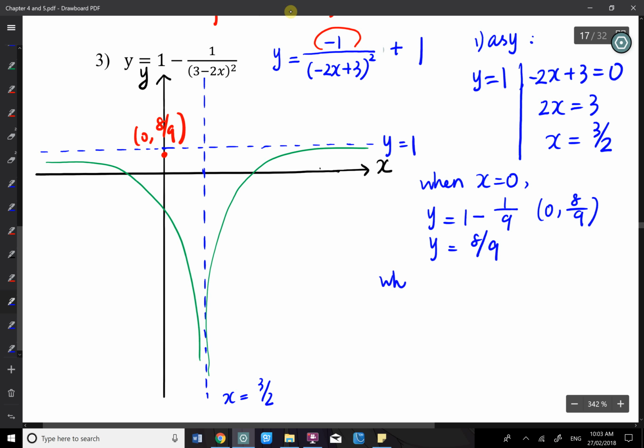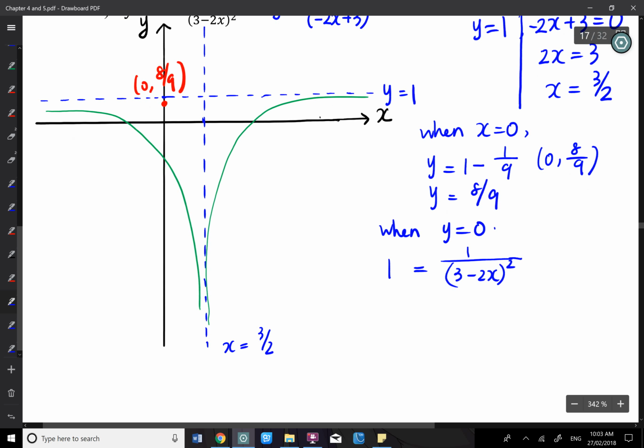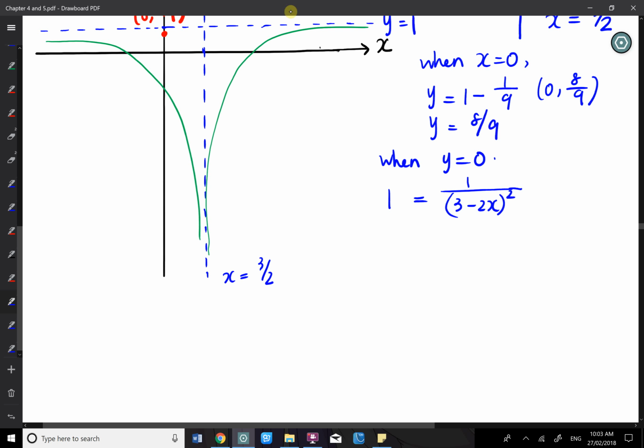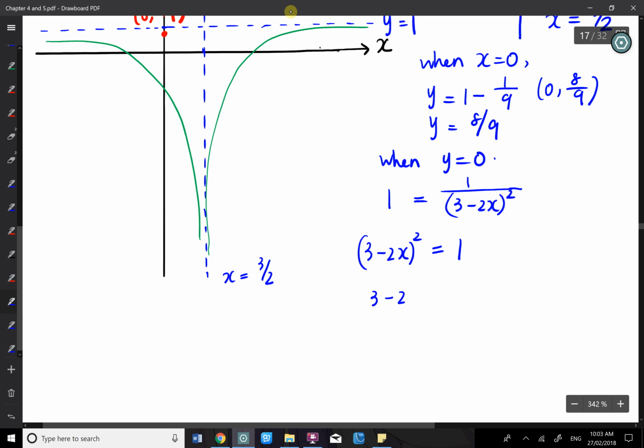And we solve when y equals 0. 1 equals 1 over (3 minus 2x) squared. So (3 minus 2x) squared must be 1. So times the denominator to that side. 3 minus 2x equals plus or minus 1.